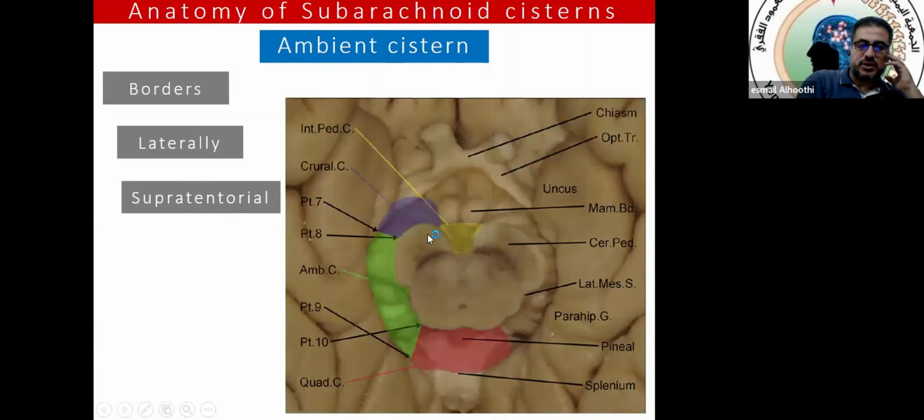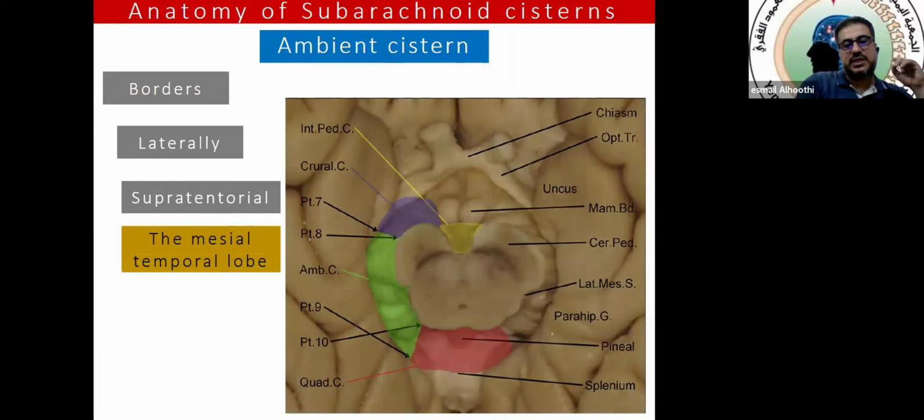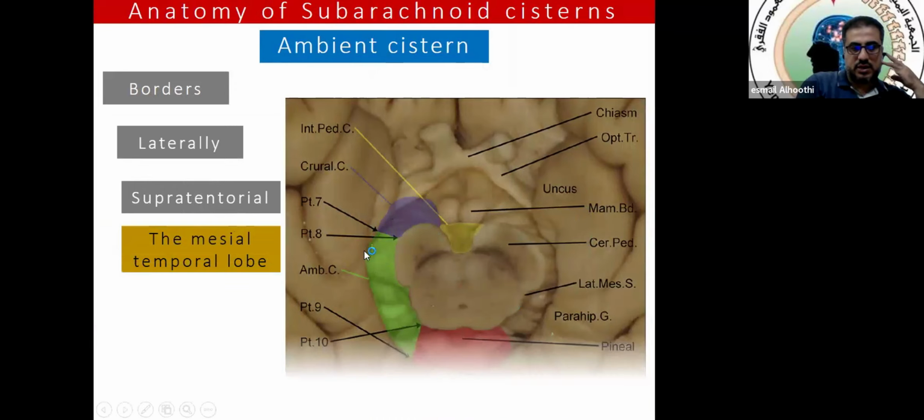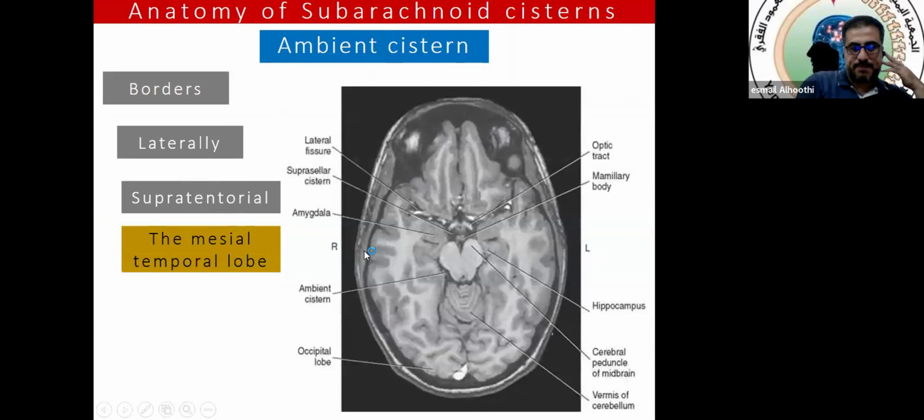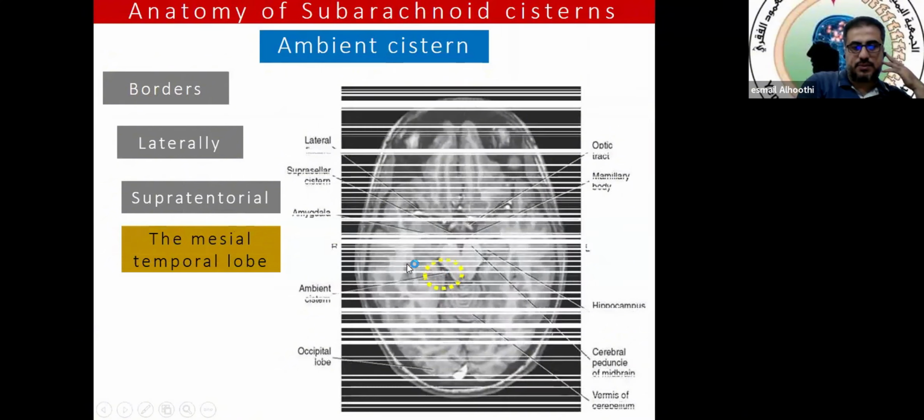Laterally, the lateral border of the ambient cistern is supratentorial, which is the mesial temporal lobe, as you see here. This part of the mesial temporal lobe makes the lateral wall of the ambient cistern, as you see in this MRI.